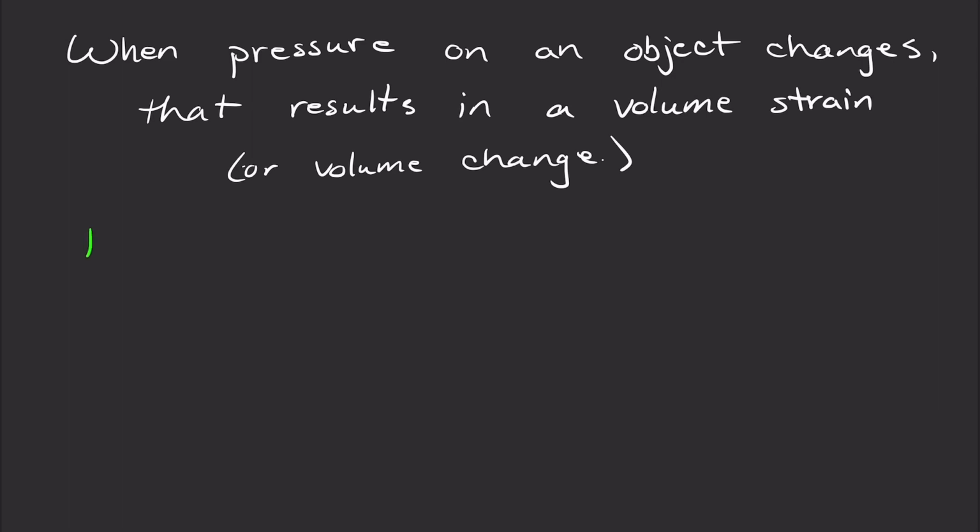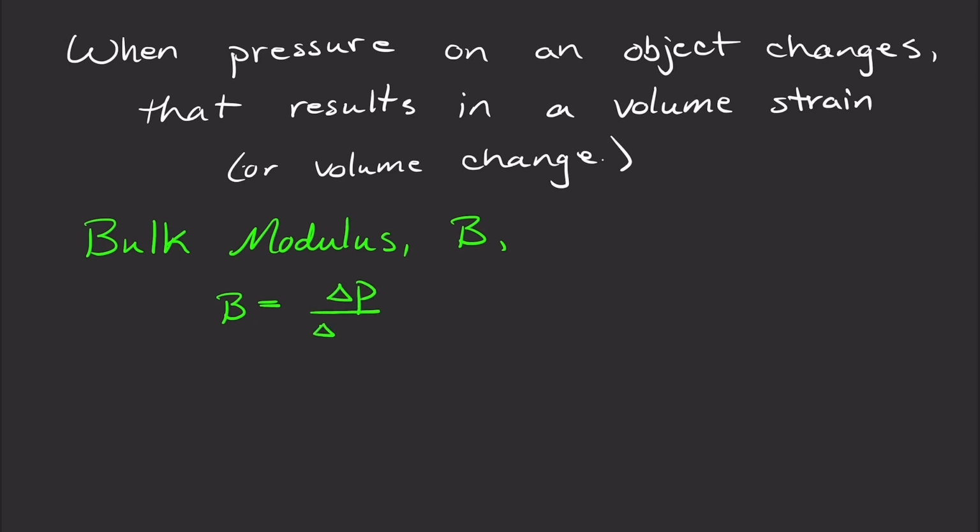And so to talk about this, rather than using Young's modulus, which is for a single dimension change, we have a bulk modulus. Okay, and we give this just the letter capital B, and it's given by the change in pressure over, so the volume stress over the change in volume divided by the initial volume. So this is the volume strain, but we also need a minus sign in front.